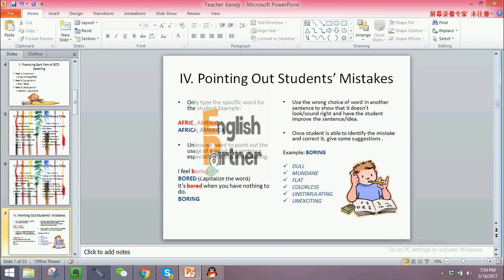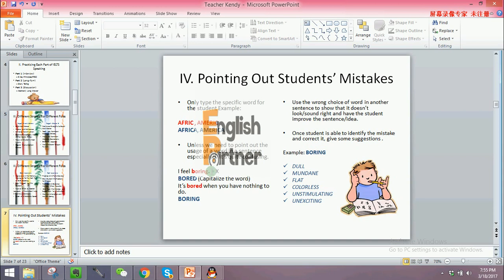So does it sound right or does it sound strange or not really natural or is there anything wrong about it? Once the student is able to identify the mistake and correct it, I also give them suggestions.